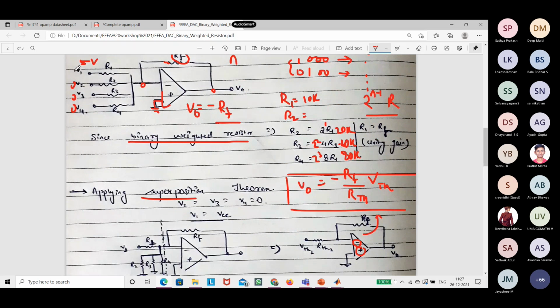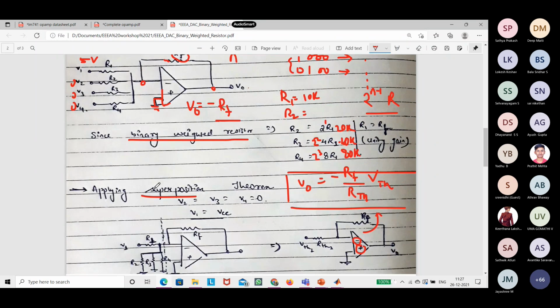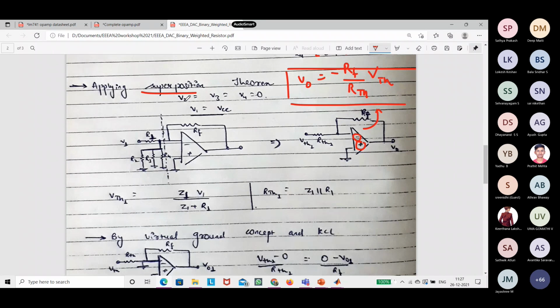So basically, we are considering only V1, and we'll short out all those other sources V2, V3, V4. So if you see this circuit, we have R2 connected to ground, R3 connected to ground, and R4 connected to ground, and we have the V1 over here. And by the current division, this is the VTH.